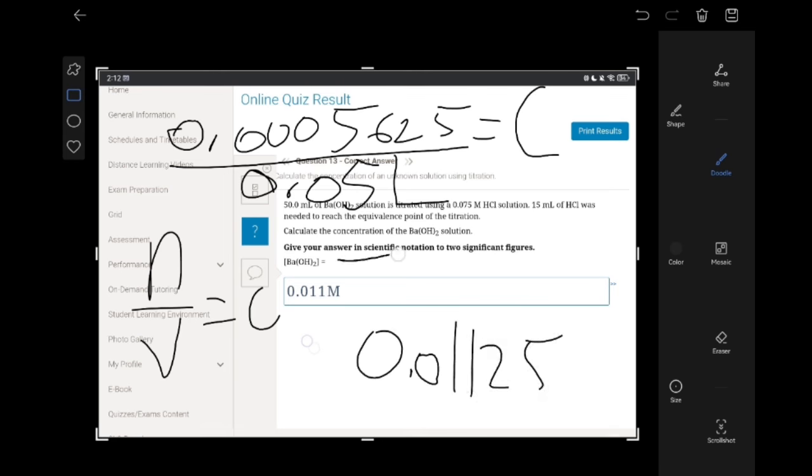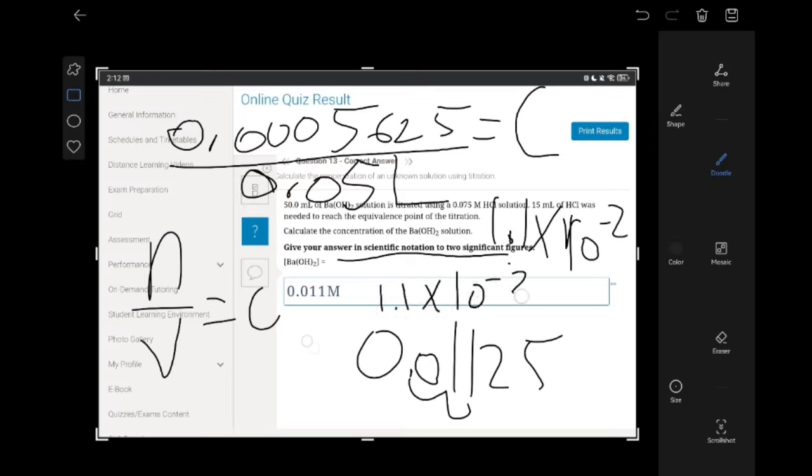Here they wanted scientific notation. It should be 1.1 times 10 to the negative 2, because they want two significant figures in scientific notation. But they accept it like this here, so it's fine.